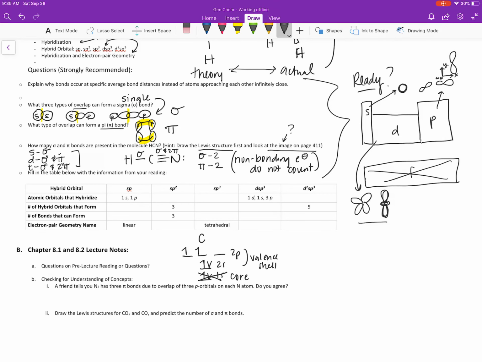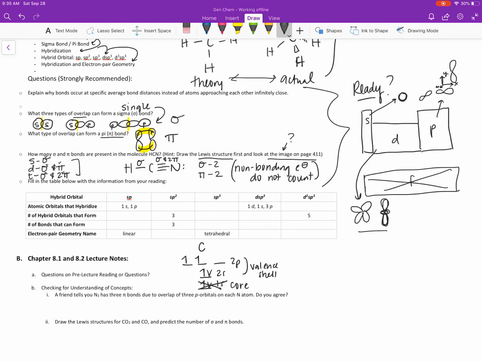So when carbon goes from carbon by itself to carbon plus something else, we'll just put Y, it undergoes what's called hybridization. I'm going to need more space.